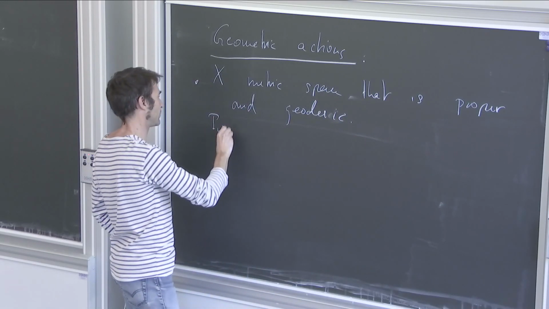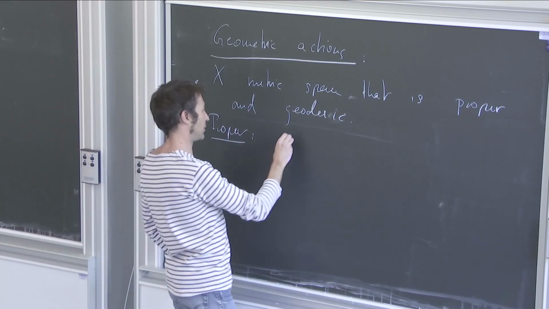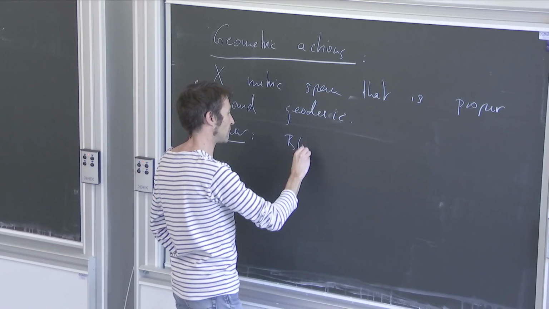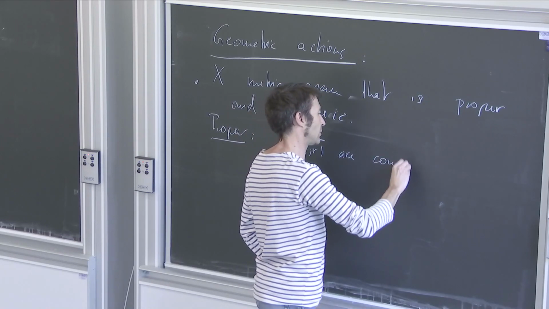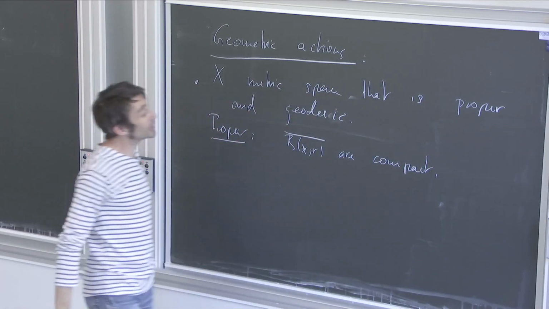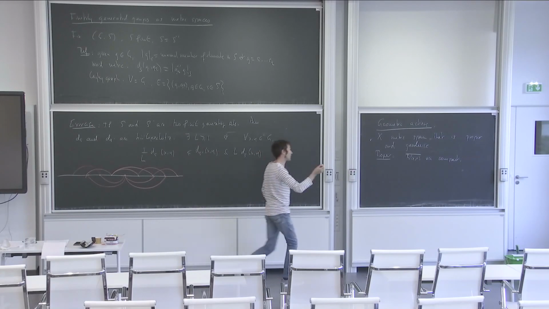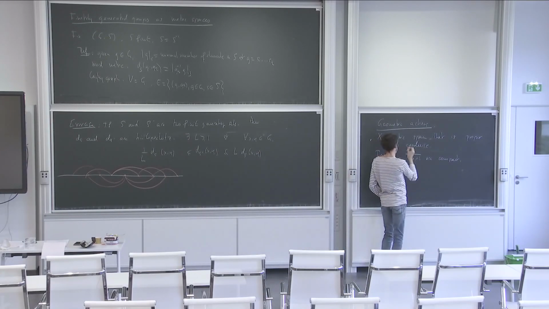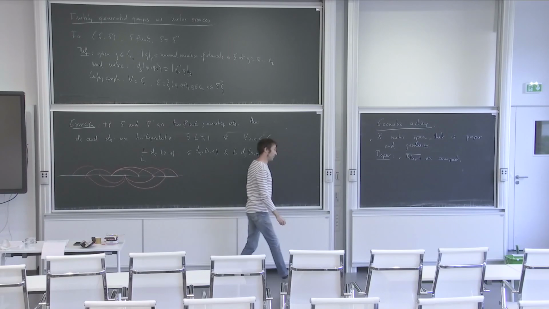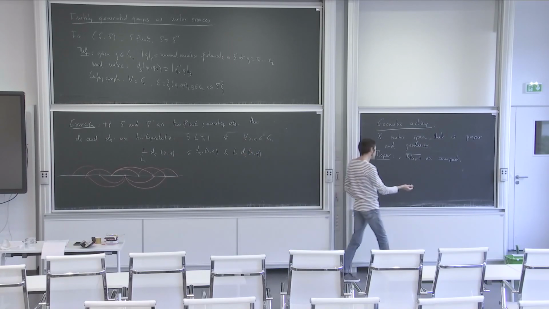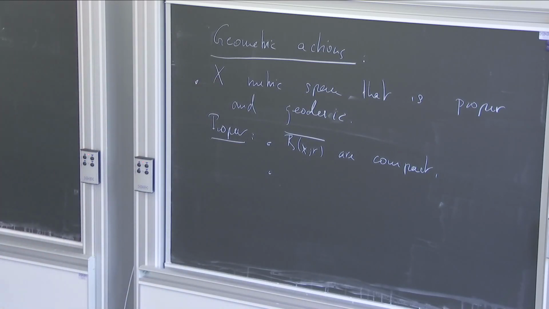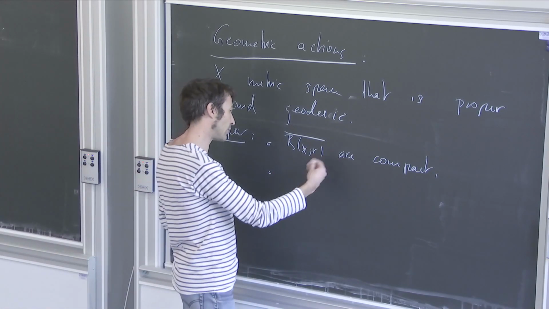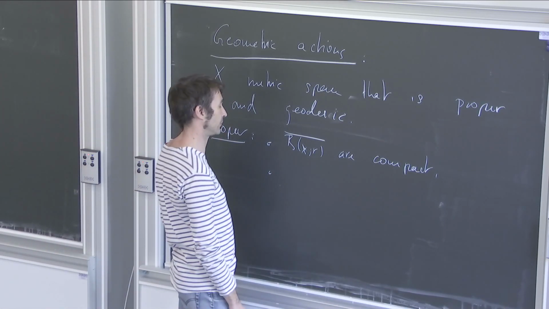Proper means that closed balls of finite radius are compact. Typically, this means that, for instance, R^n is a proper metric space, so every closed and bounded set is compact. It's not always true. For instance, in infinite dimensional Banach spaces, it is not the case. So this is a way of taming the space a little bit.